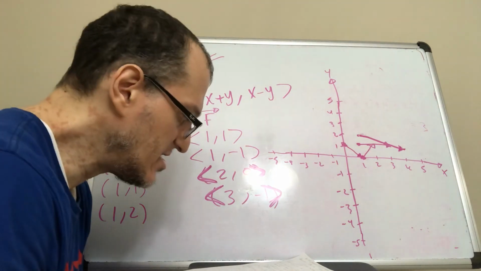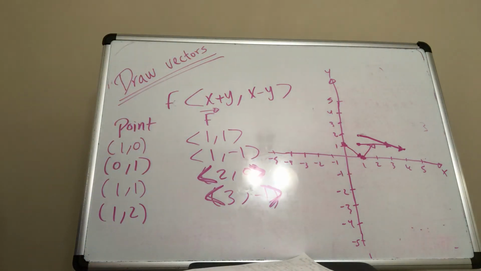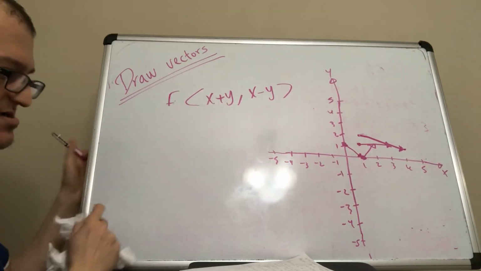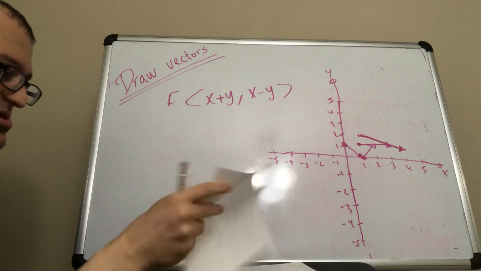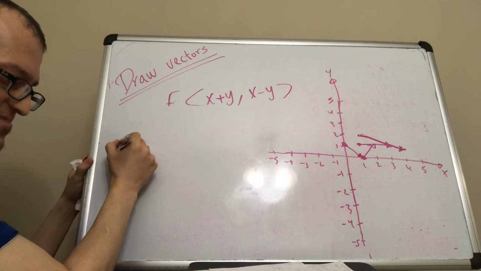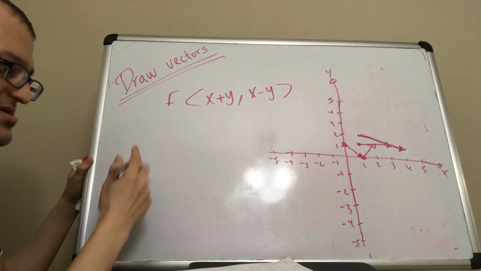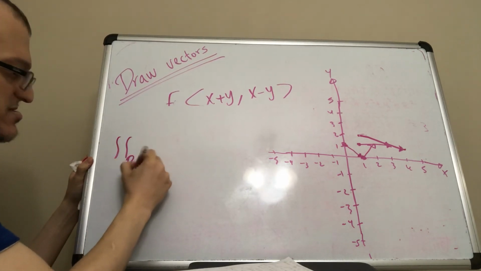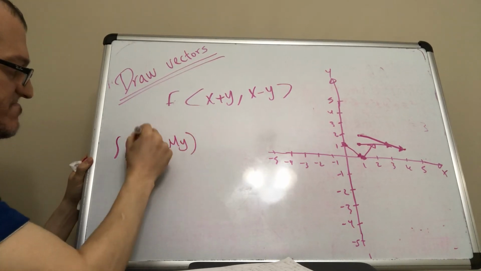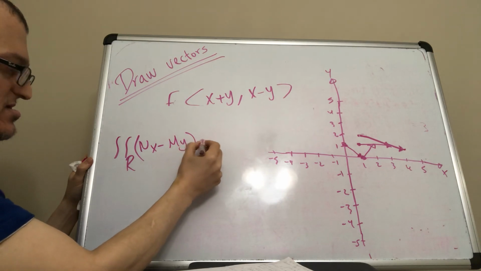This is the idea of how to draw vectors. This is everything you need to do. There is also, remember the Green's theorem and the surface area question? The Green's one, the one we just did, where it's following the path, and the formula for Green was the integration of N_x minus M_y dA.